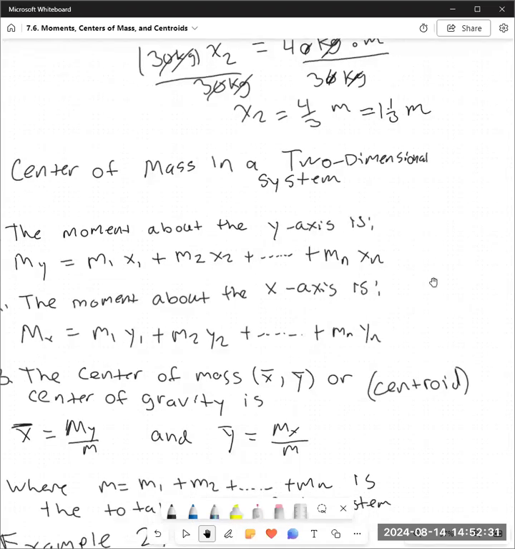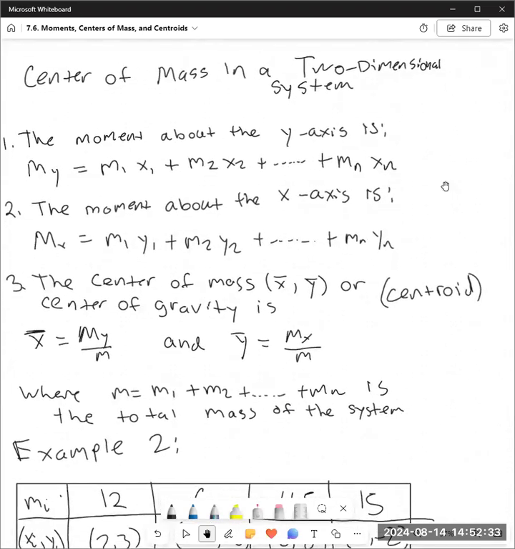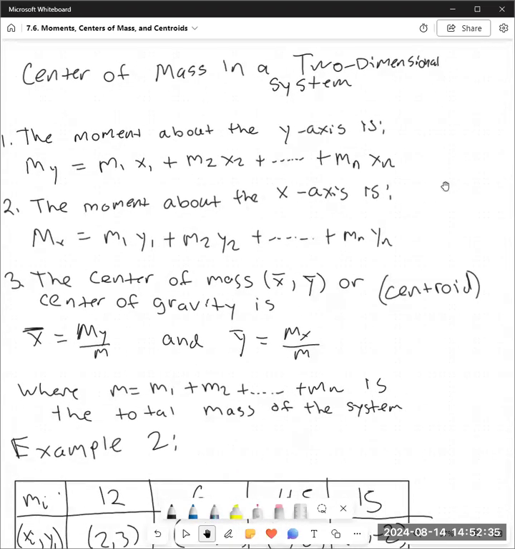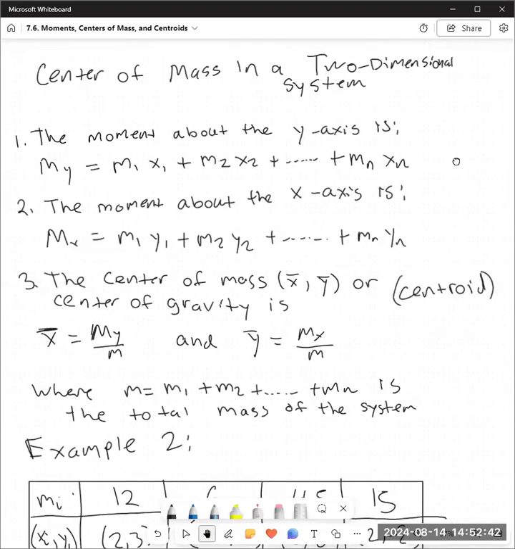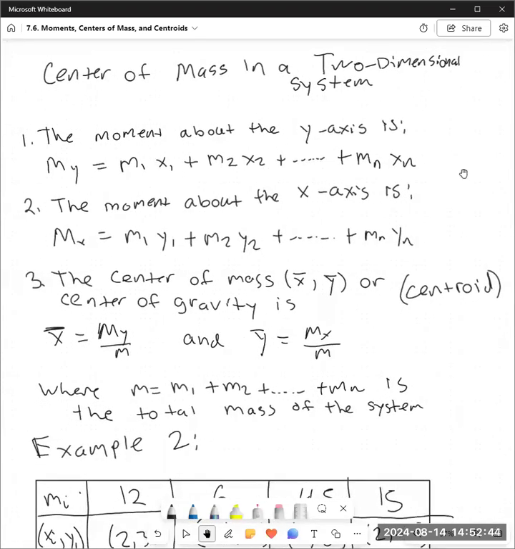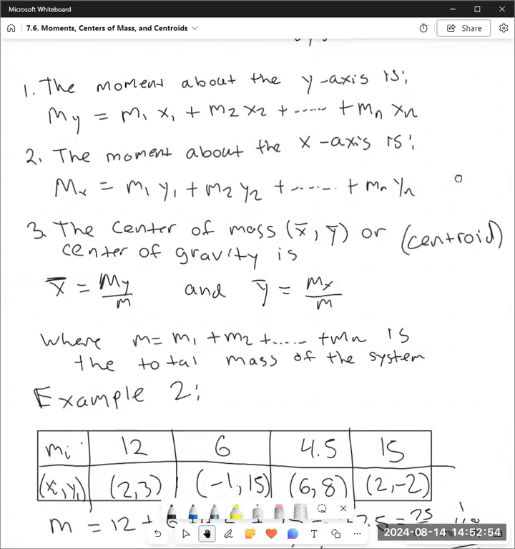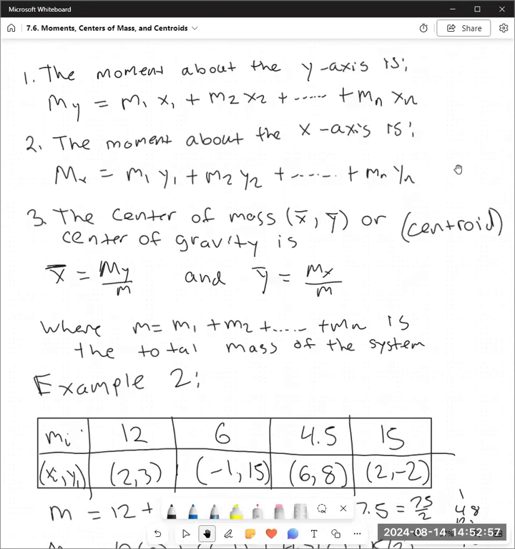So that's one type of problem that you're going to get in a one-dimensional system, where you are finding a moment around a single point, a fulcrum like that. Now, if we have a two-dimensional system, we can have a center of mass where we know the ordered pairs for all of the weights and that they're centered at individual points there.